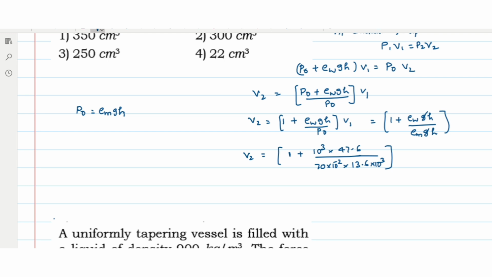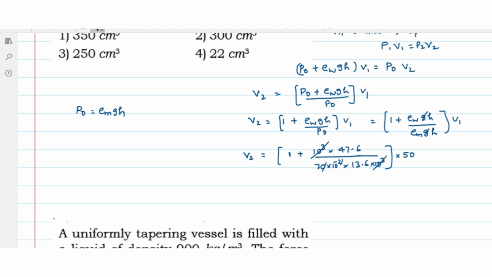Now you have to substitute these values, cancelling 10 power 3 and 10 power 3, and the 10 here. The next thing is the volume. The initial volume inside the lake was given as 50 centimeter cube.